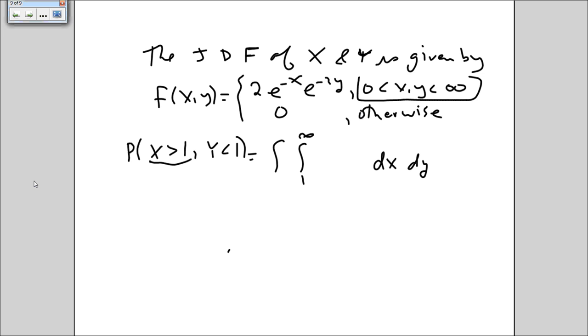Remember, y is between 0 and infinity. So if it's less than 1, it's from 0 to 1. And we put f of xy there. But what is f of xy in our intervals?